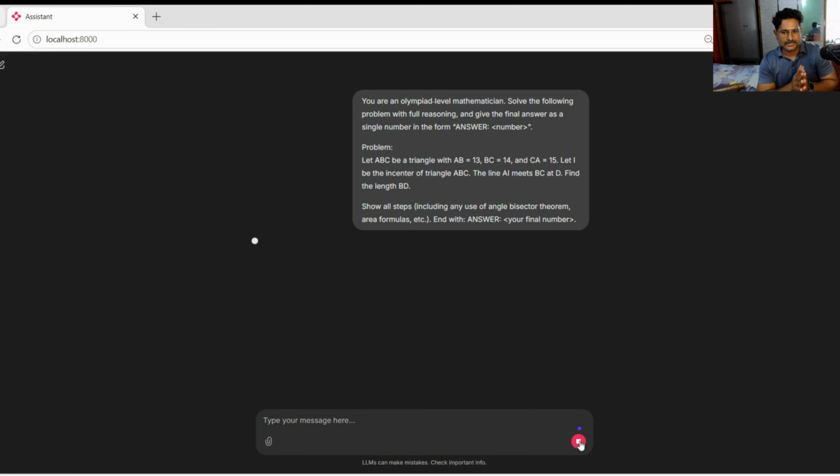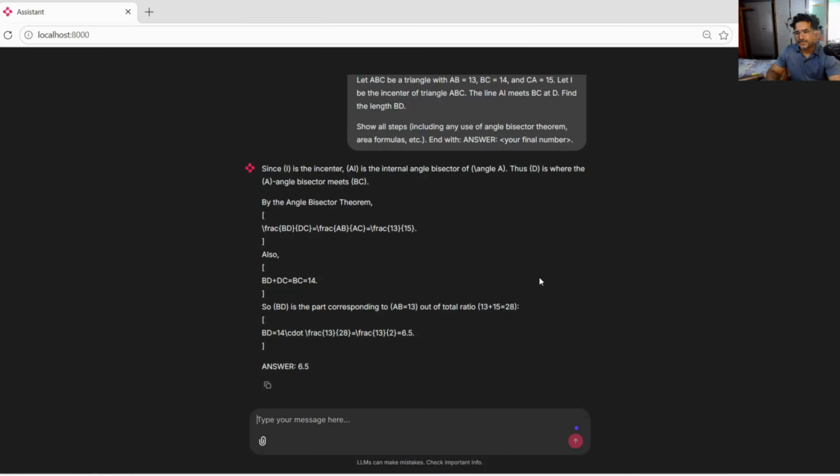It's going to take a while for this kind of model because it starts doing the deeper analysis and then gives the final answer. It used the angle bisector theorem perfectly. The theorem tells us I is the incenter, AI is the internal bisector, so the angle is how it meets the bisector.